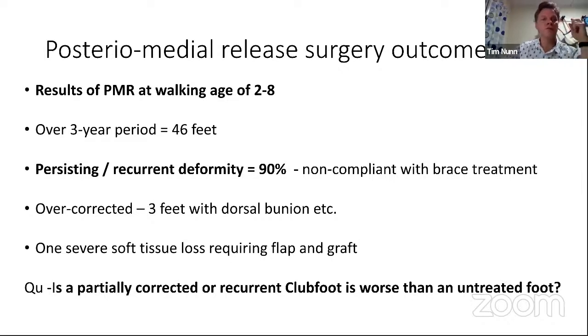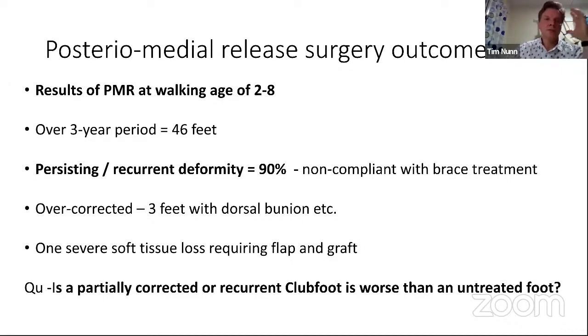We had a number of overcorrections as well. Three of these feet had the classic overcorrection features of dorsal bunion, etc. One of the feet actually was very nearly amputated, as we lost a considerable amount of soft tissue.